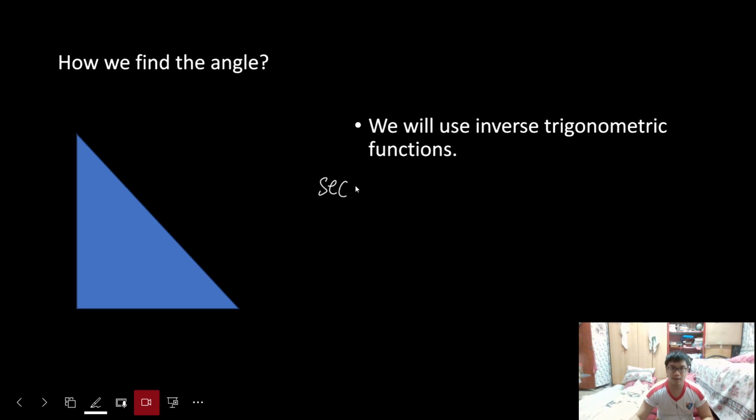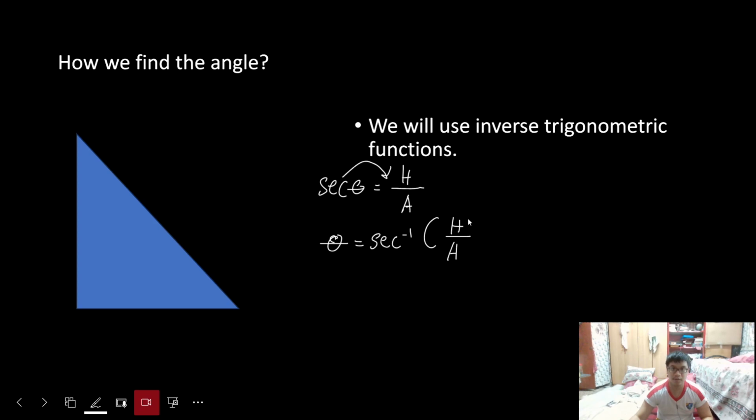Remember that secant theta is equal to the ratio of hypotenuse to the adjacent. And you want to find the theta here, so you put the secant here. So you will have theta is equal to arc secant of H all over A.